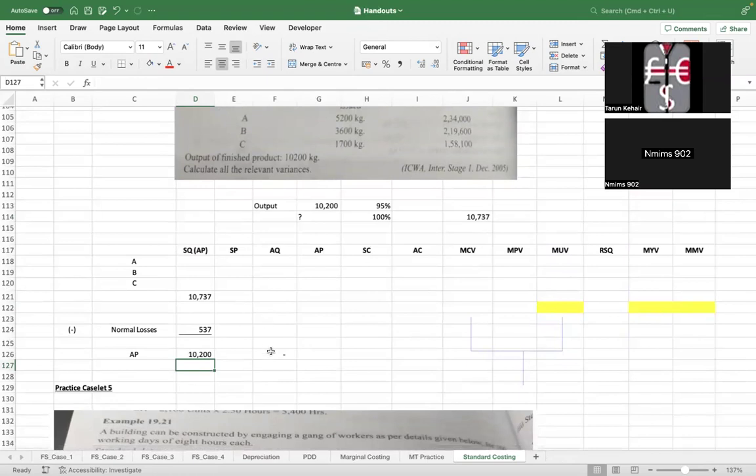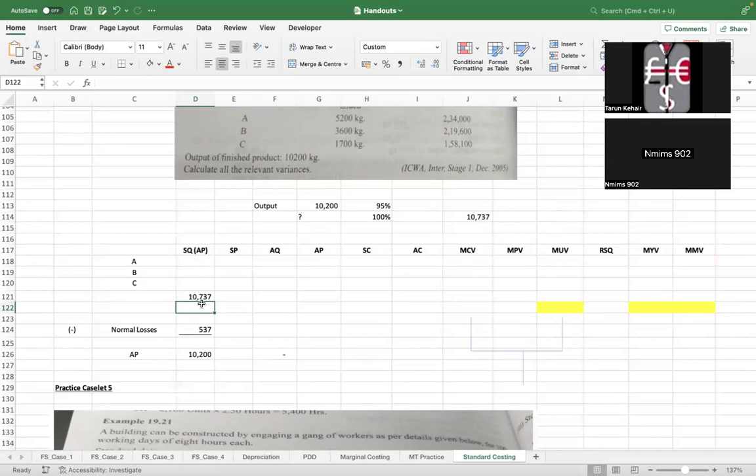Okay, now we have to find out what is the standard quantities required for actual production. Look, the effort that goes in is applied to the whole output, even if some of it is lost. Like the oil gets evaporated, but the effort that you need to produce something is for the whole thing. It's not that I'm making effort only for 95% of production.